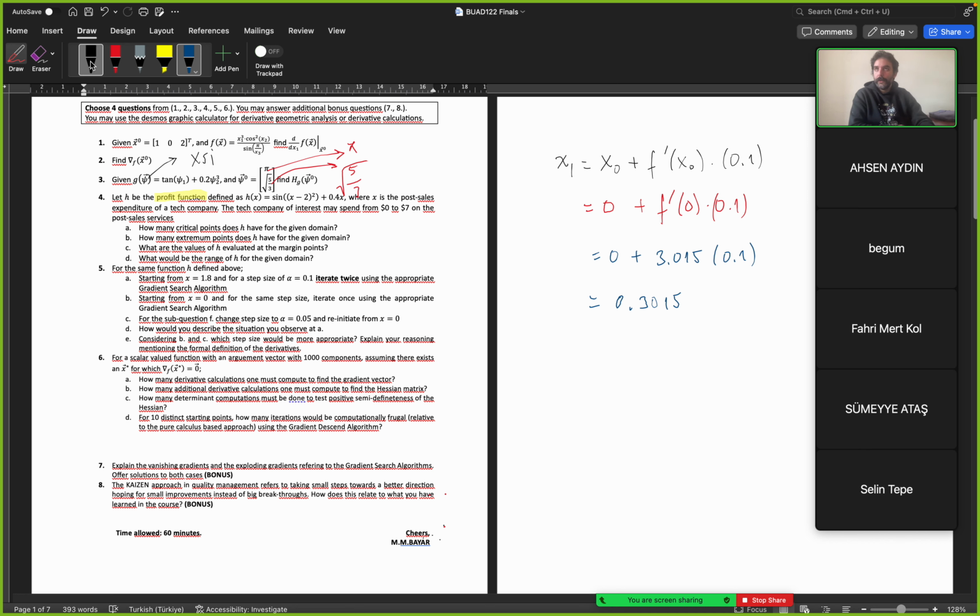Let me get to the final version. 5C says, for the same sub-question, change the step size to 0.05 and reinitiate from x0. Now we are going to have x1 is equal to 0 plus 3.015 times 0.05. Let me compute that.